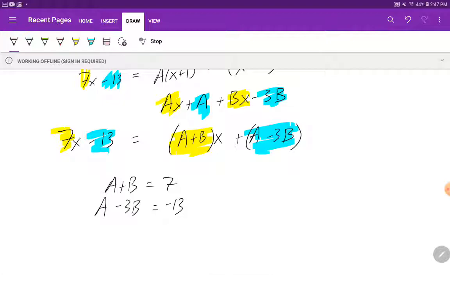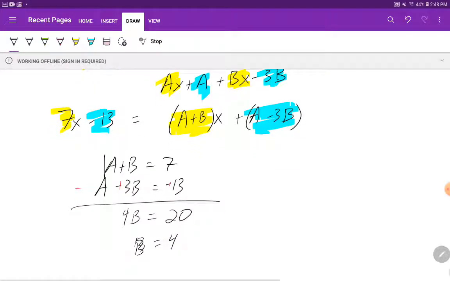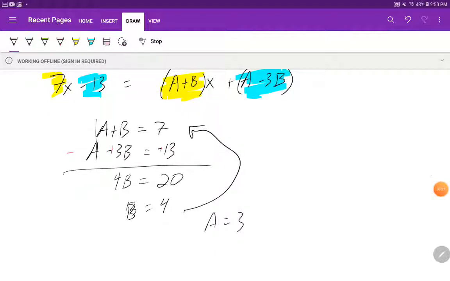I could run a negative through this and solve it that way. I get 4b is equal to 20, and we get b equals 4, which is what we got when we did the problem before. Then plug it in to get a is equal to 3. So you can do it this way.